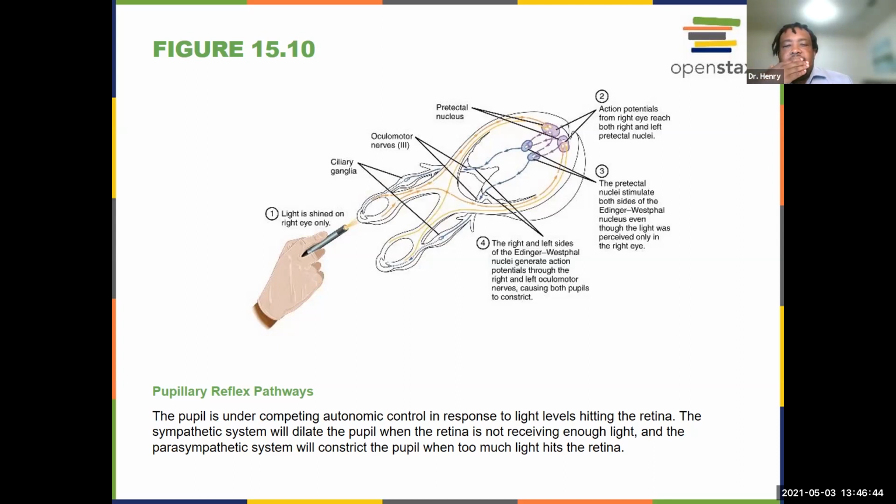And so it does mess with the homeostasis, but both eyes are going to constrict, rather than one constricting and the other dilating, right? Which would be pretty cool if that could happen.